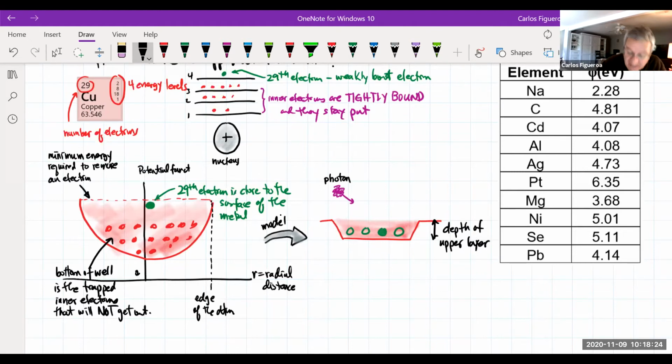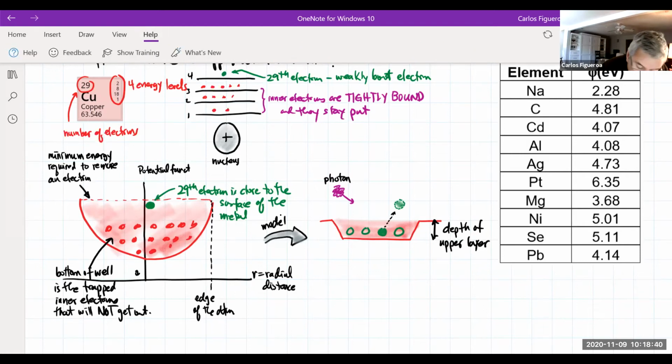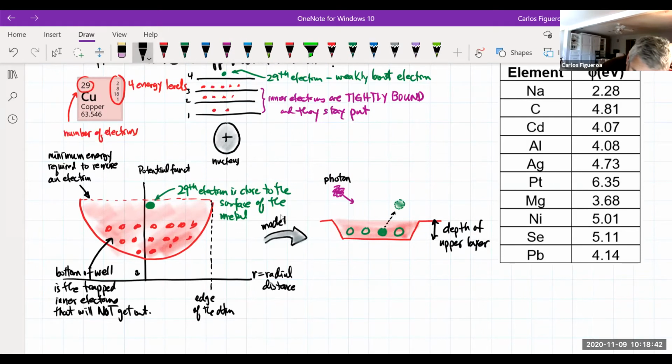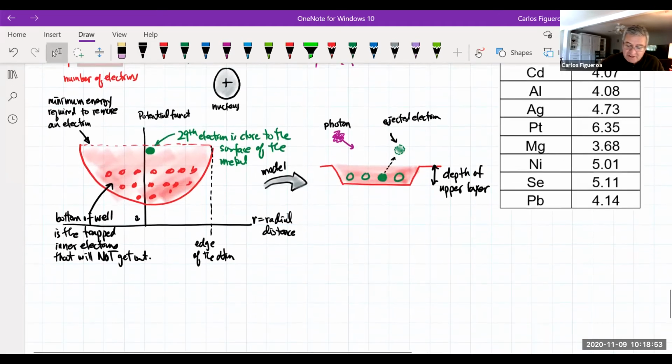So as it gets excited, I can then eject one of these electrons out, right? And so then in this scenario, this is the ejected electron here.